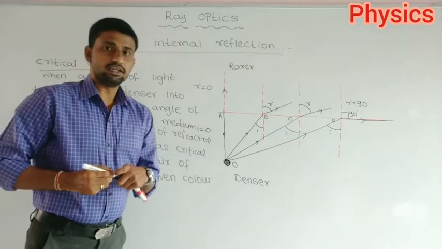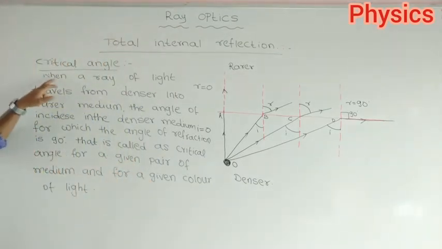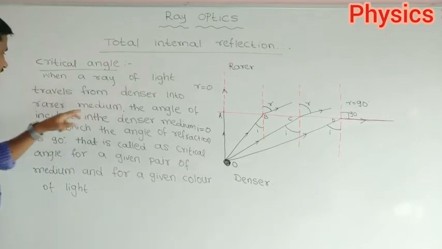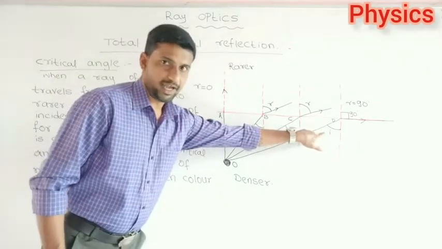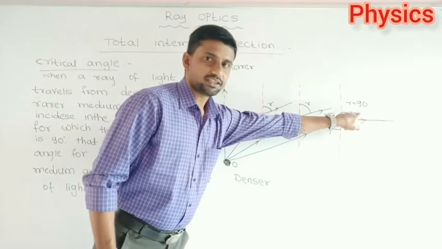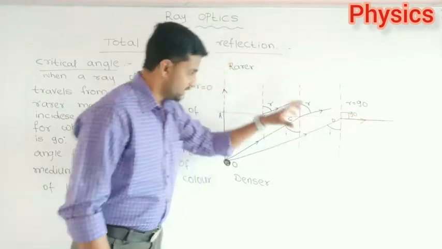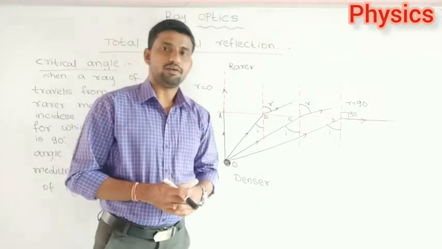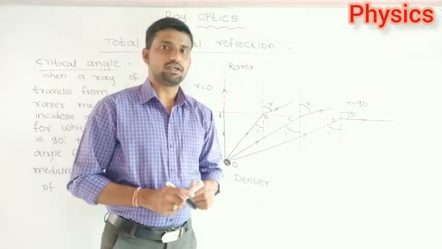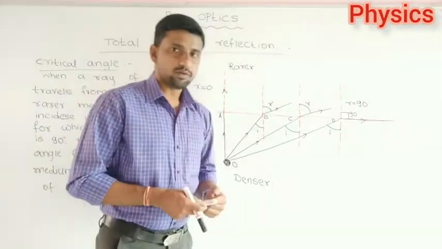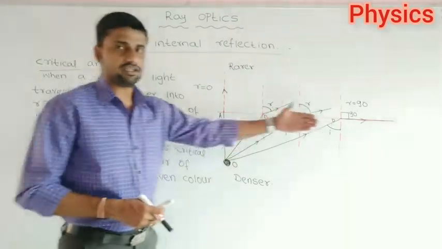So critical angle is nothing but when a ray of light travels from denser into rarer medium, the angle of incidence in the denser medium for which the angle of refraction is 90 degrees, for a given pair of media and for a given wavelength of light. That is called the critical angle. Very important definition. Now let us see what will be the further condition in this.